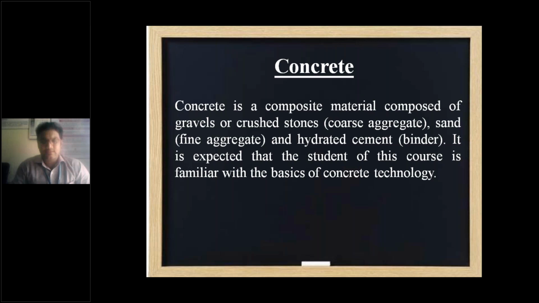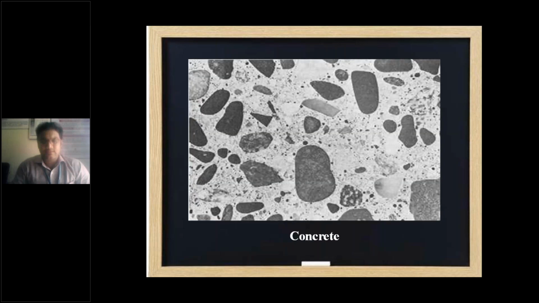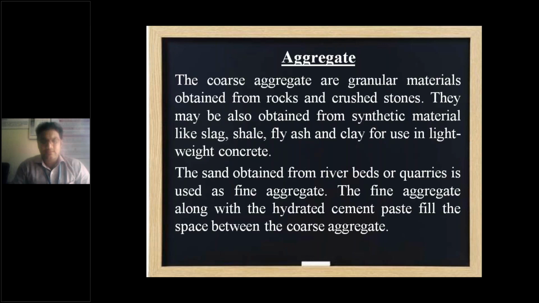If you don't have good basics of concrete technology, there is no point in going further with the concepts. Let's discuss the individual materials in concrete. We'll start with the aggregate. As we know, coarse aggregates are granular materials which we obtain from igneous rock, like crushed stone.